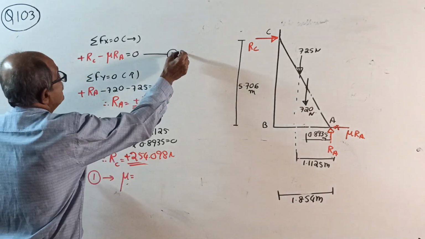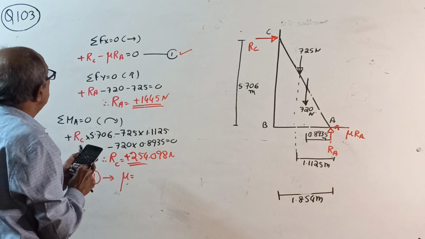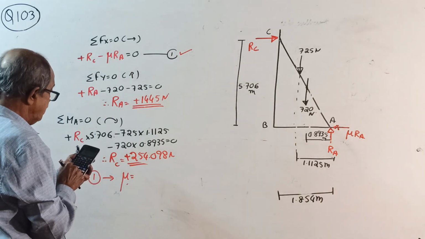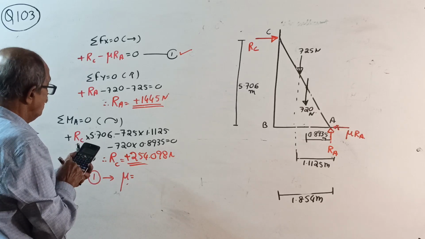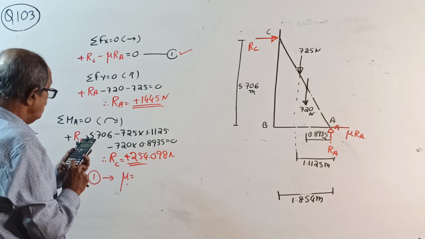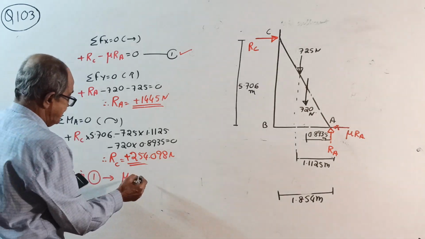Now substitute in equation 1: mu equals RC divided by RA, 254.098 divided by 1445. It will give mu equal to 0.1758.